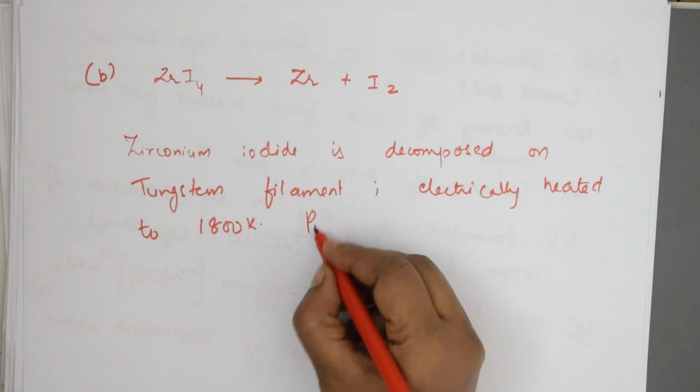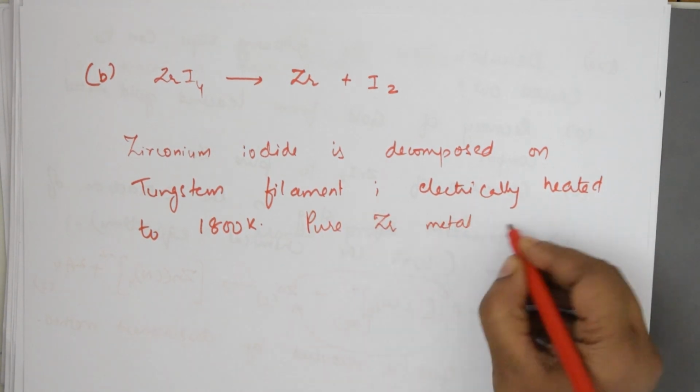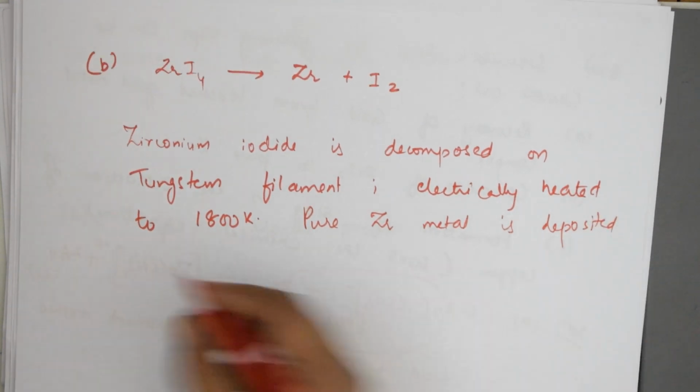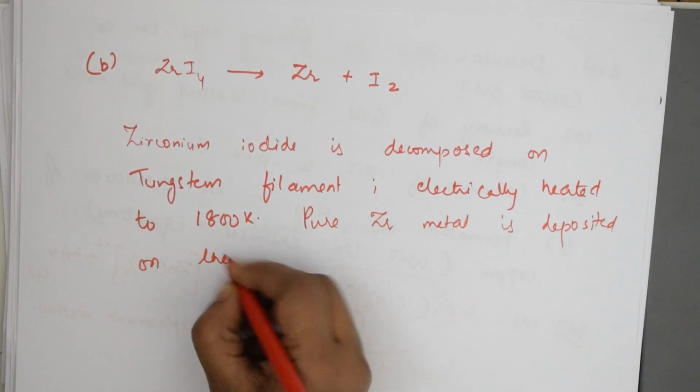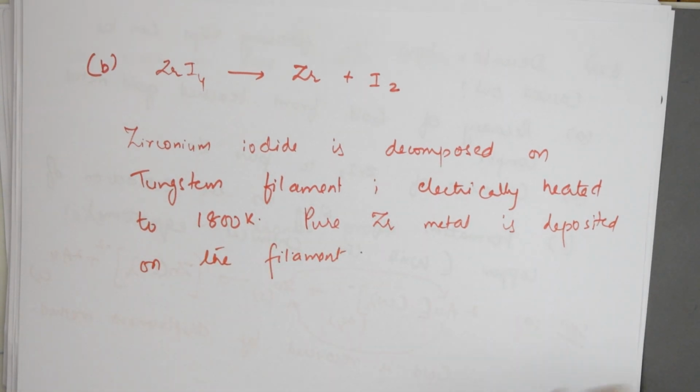Pure zirconium metal is deposited on the filament. So this is the preparation. Done.